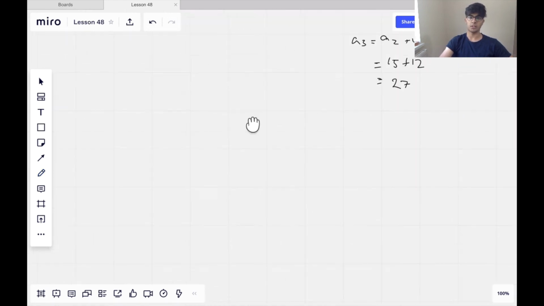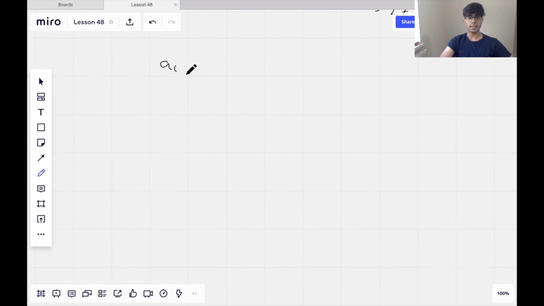With a position to term rule, for example a_k is equal to 4 plus 4(k minus 1), you're also generating the first 4 terms. This is almost easier than the previous one, because you can just plug in whatever value you want for k.